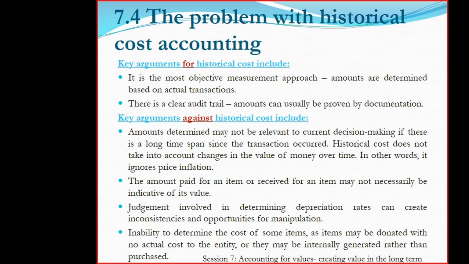The straight line depreciation is the easiest method of depreciation. It basically involves reducing the value of your asset each year by the same percentage or by the same amount.